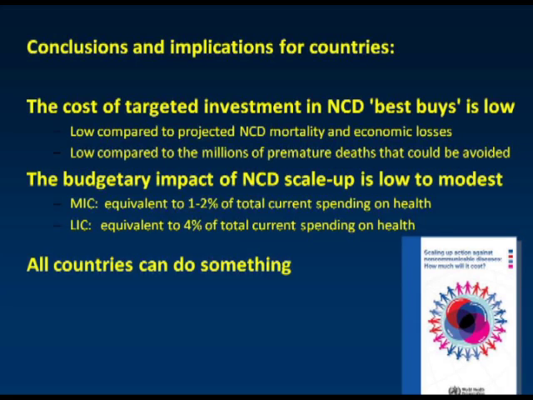The budgetary impact of NCD scale-up is modest, and every country could make a start. They need not give the excuse that resources are not there, but at least with the available resources, with some little increase in domestic investment, they could start focusing on these best buys. And this was released in New York the day before the UN General Assembly meeting.